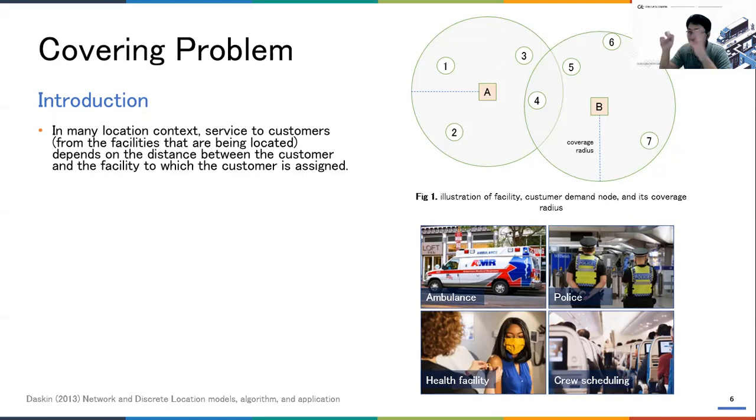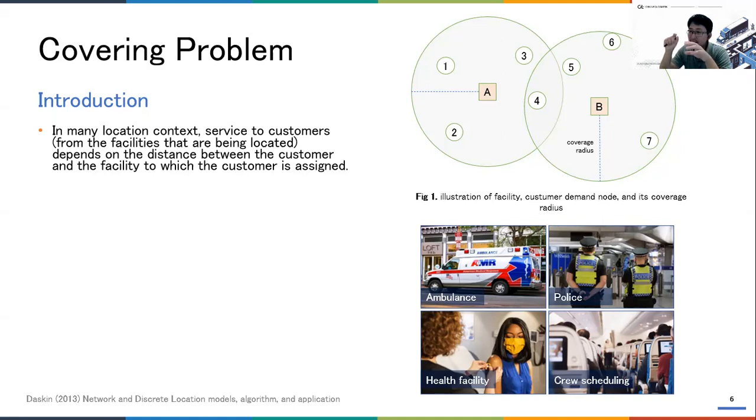I'm hoping everyone is healthy now, but sometimes a heart attack is a very fatal disease, right? You need to get treatment in, let's say, 3 minutes, though I don't really know how many minutes you can survive if you have a heart attack. Let's assume it is 3 minutes. So your ambulance from your call to your location should be at most 3 minutes, right? And it's quite impossible actually.